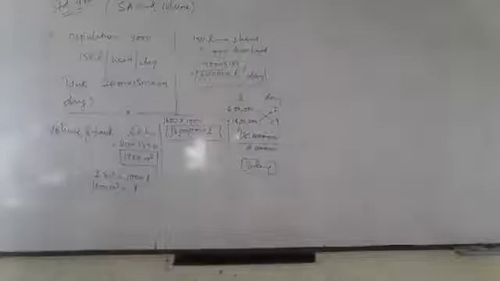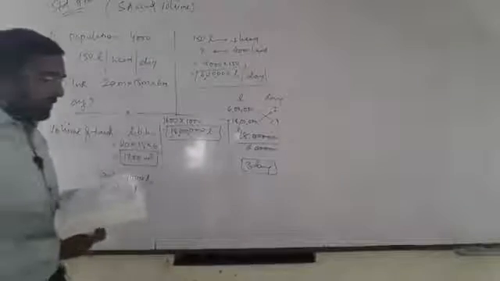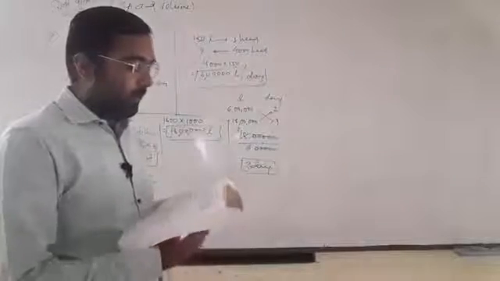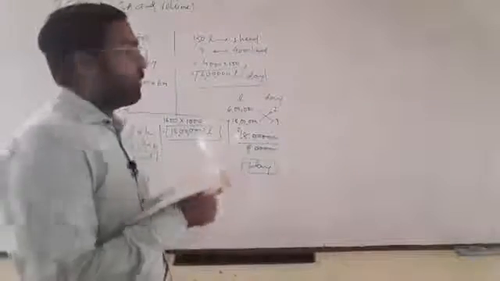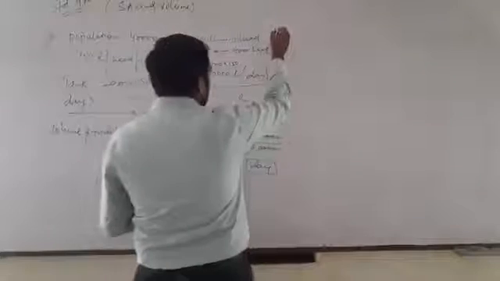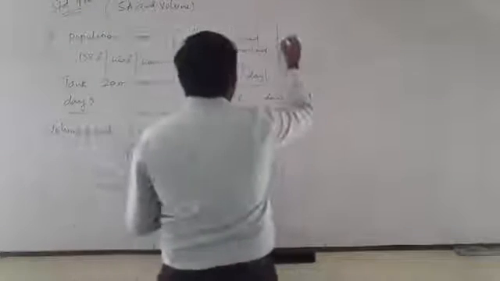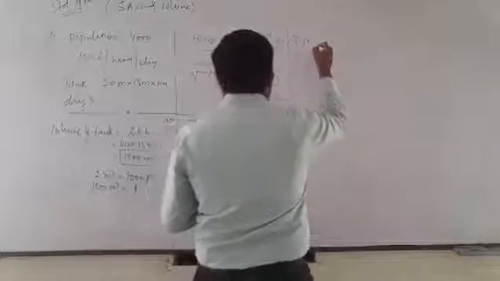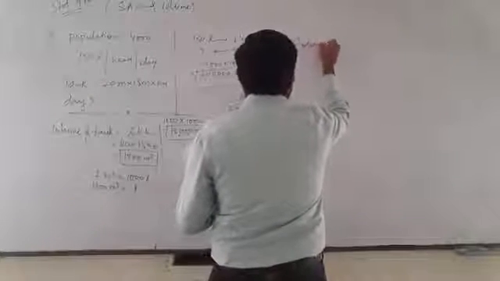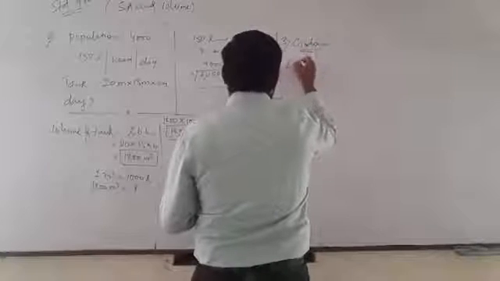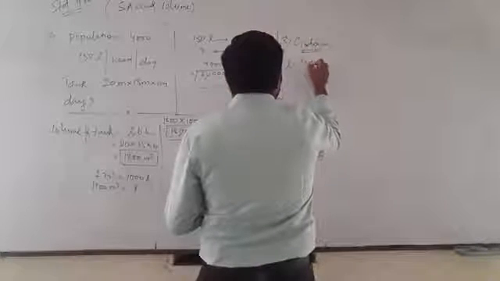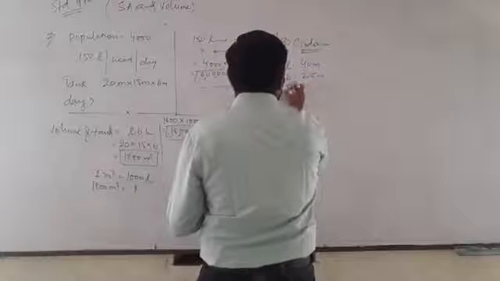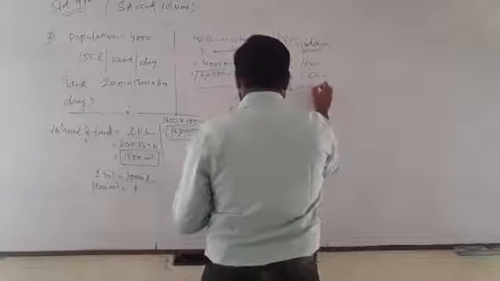The next question: a godown measures 40 meter, 25 meter and 10 meter, that is our cuboid. My godown measurement is length 40 meter, breadth 25 meter and height 10 meter.